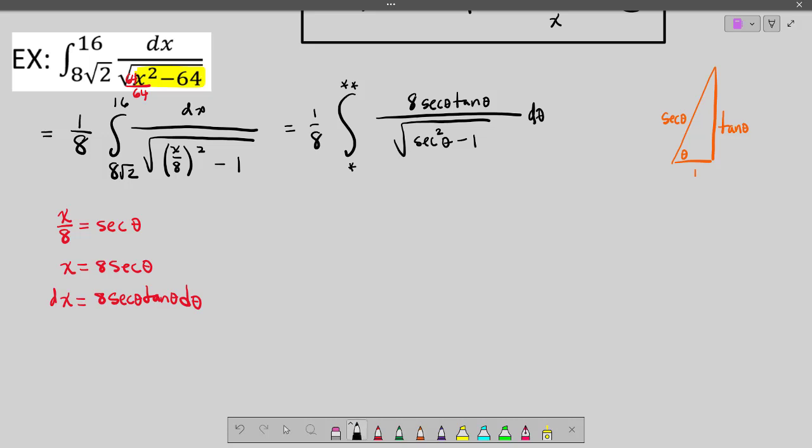Down here in the denominator, oh, I can factor that 8 out, right? That 8 can factor out and cancel out that 1/8 out in front. So in the denominator, we have the square root of tangent squared.